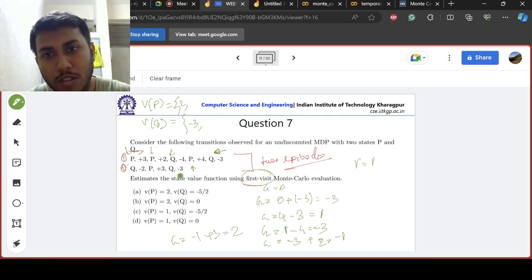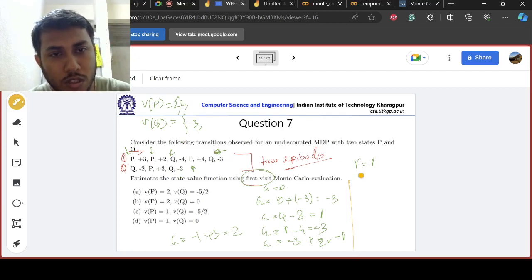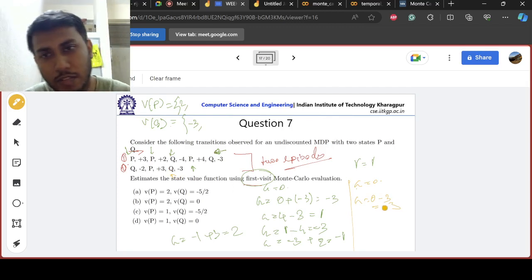Now let's come to episode 2. So let's come here. G equals 0 initially. Now G equals, for this state, 0 minus 3, minus 3. This is not the last time we are visiting Q, right? We are visiting Q again, then minus 2 part. Then we come here.